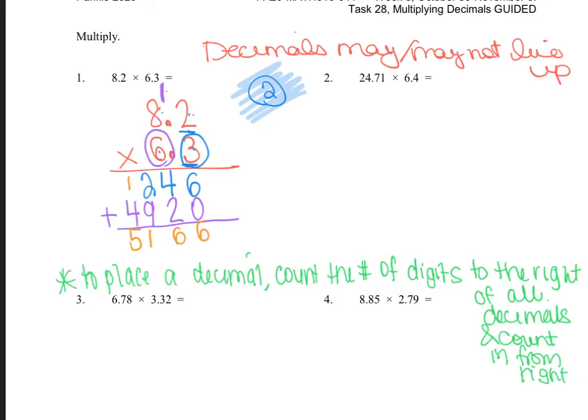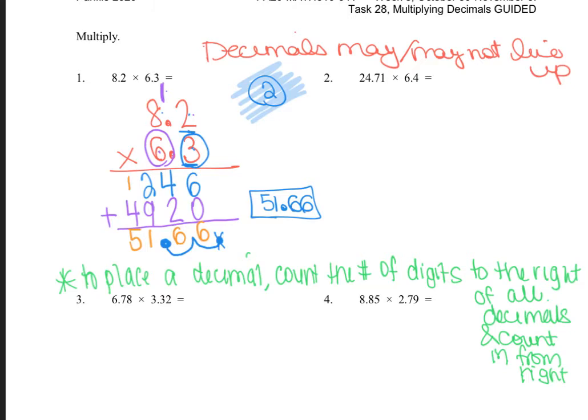So I'm going to come down here to my answer, place it to the right, and then count 2 in to the left, 1, 2, and that's where my decimal is going to be. So my answer to this one is 51.66, or 51 and 66 hundredths.